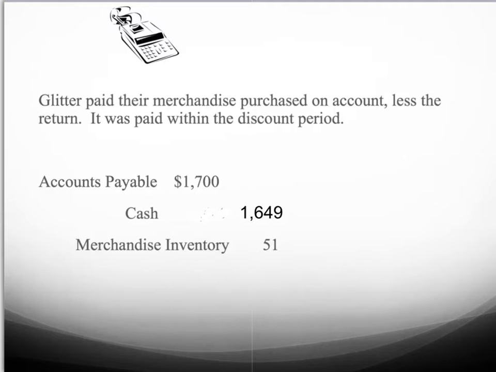Recall from our previous slides we had our T accounts, accounts payable, and we had $2,000 and we took the $300 out. That gave us a balance of $1,700 that we owed. Glitter paid their merchandise purchase on account less the return, and it was paid within the discount period.